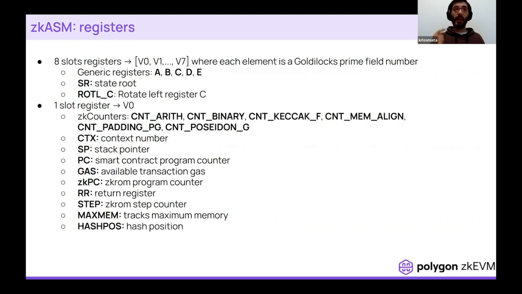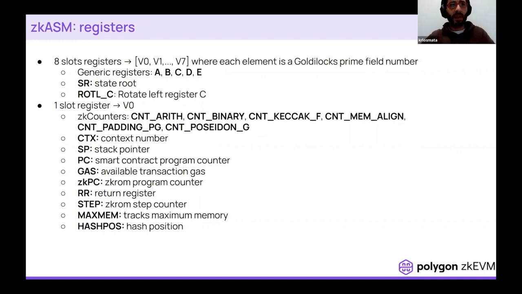The gas register is the available gas in a transaction. Then the zk program counter. The zk program counter is the program counter of the current program that we are running, the zk program, we could say. So just notice the difference between the program counter and the zk program counter. Also, we have the return register, which is basically a utility, a useful register in order to perform some jumps and returns in assembly.